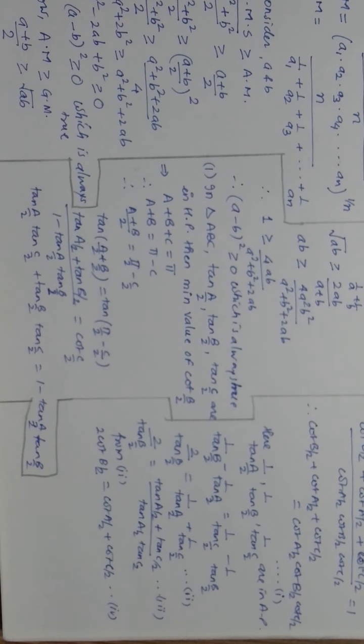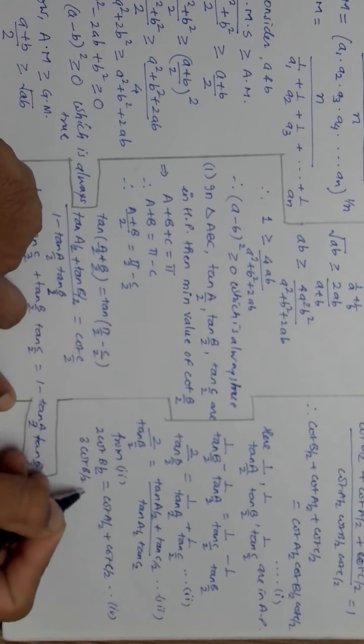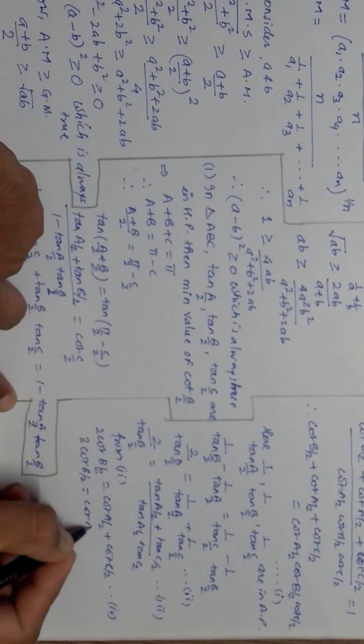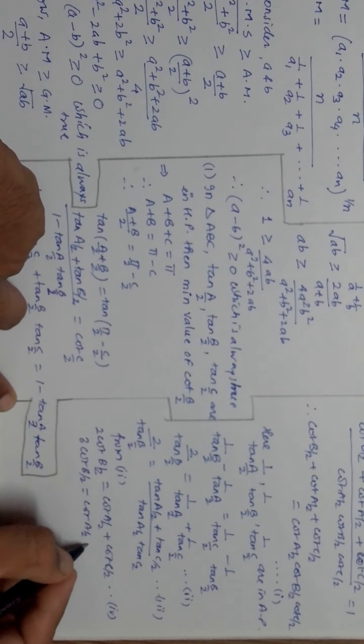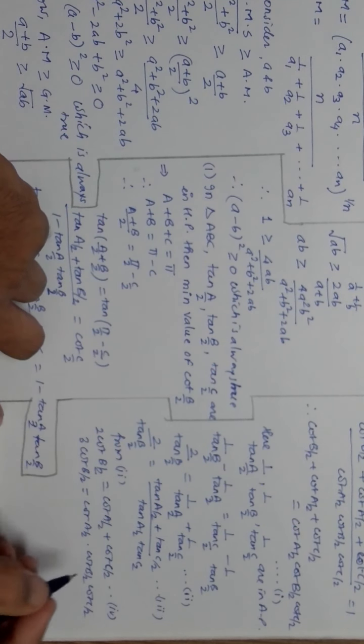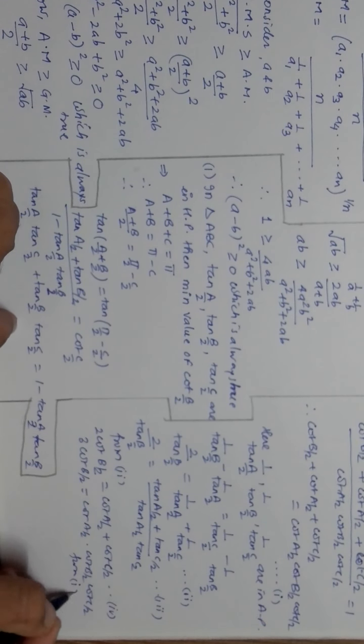If I put it in 1, cot A by 2 plus cot C by 2 can be written as 2 cot B by 2. So already 1 cot B by 2 is there, so this will become 3 cot B by 2 is equal to, the right side being, cot A by 2 into cot B by 2 into cot C by 2. Agreed? So this is from your statement number 1 and statement number 4.